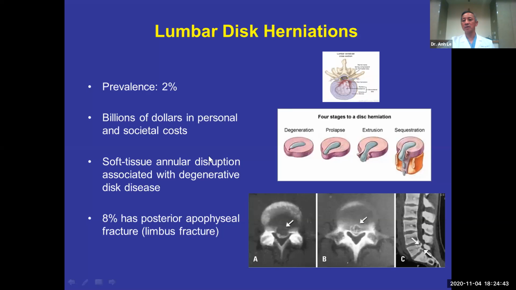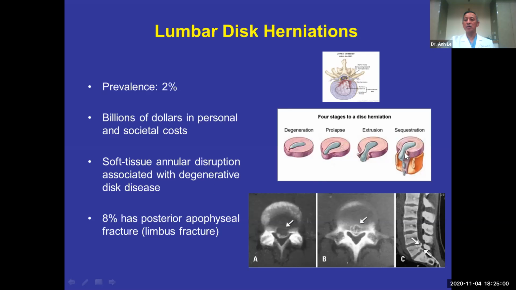And sometimes, with time, the rubber component closes back up, but some of the nucleus pulposus still remains outside in the spinal canal, causing a condition known as sequestration of the disc herniation.